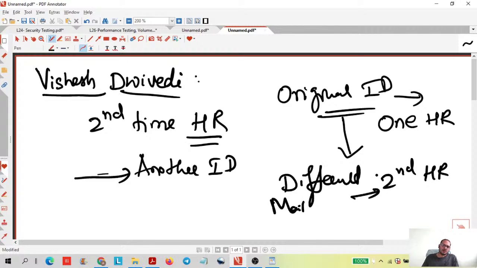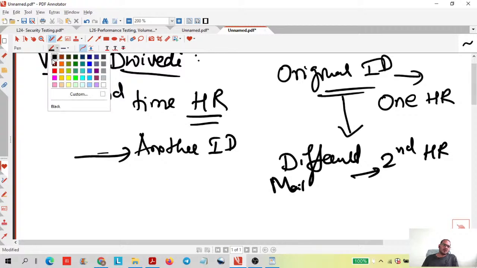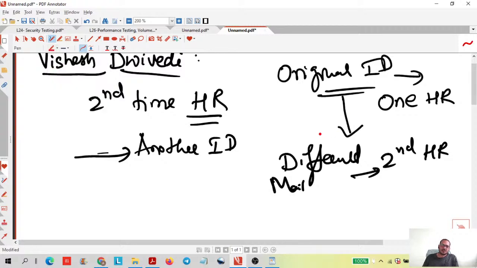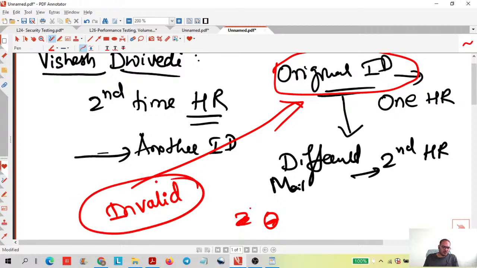Okay, and now it is saying that your original mail ID is showing invalid.